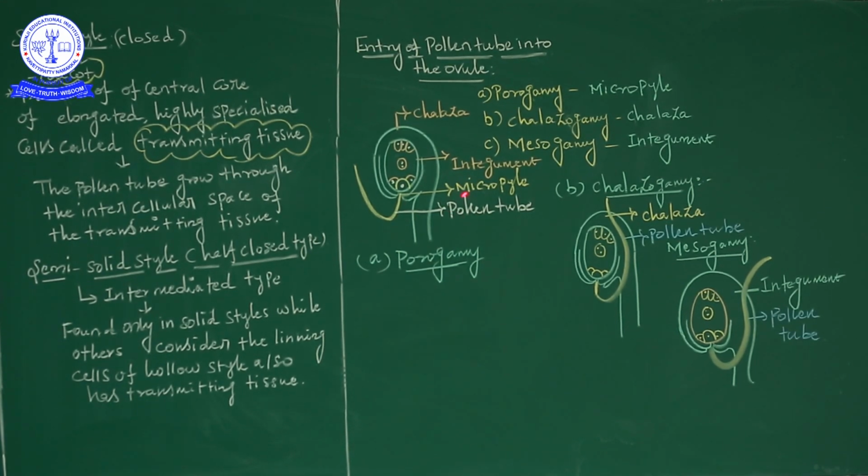The first, porogamy, means the pollen tube enters through the micropyle region. In most plants, the pollen tube enters through the porogamy or micropyle route.